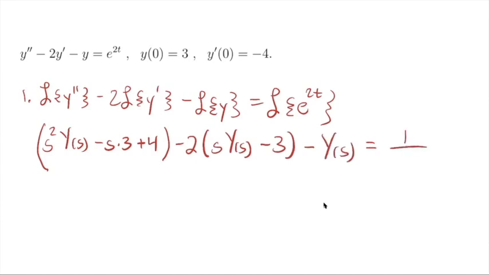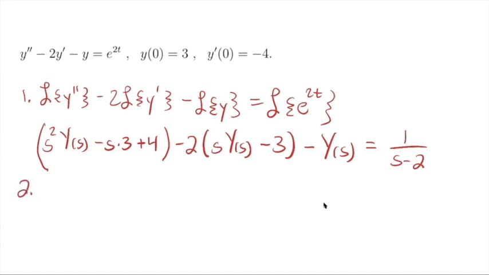And this one would give me 1 over s minus 2. Any questions about that part? That's kind of like step 1 in this process.